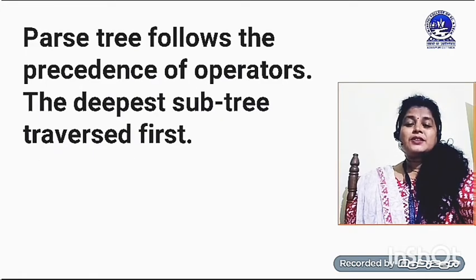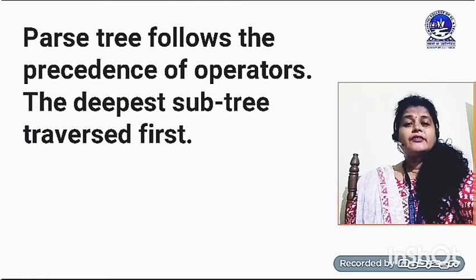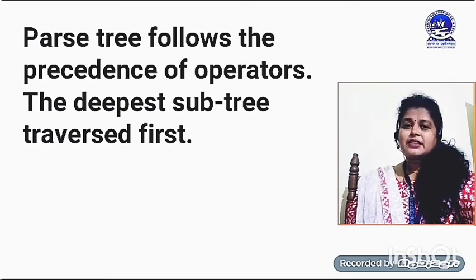Parse tree follows the precedence of operators. We know the meaning of precedence of operators. When we do any calculation and our expression has multiple operations, it follows precedence of operators.